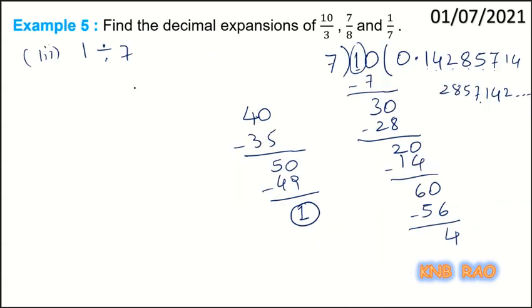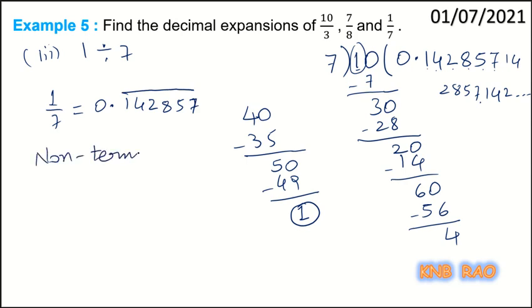So in this case, 1 by 7 is 0.14285, the same order it is repeating. So we call these sort of numbers non-terminating, but that repeating is also called recurring.